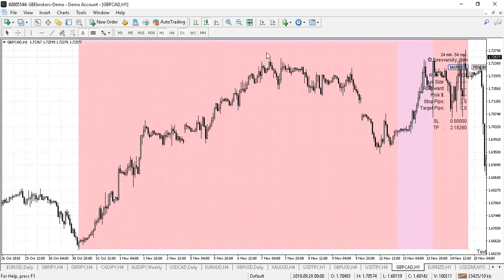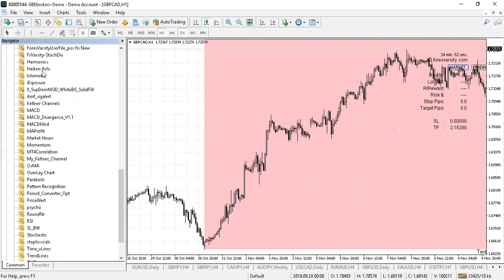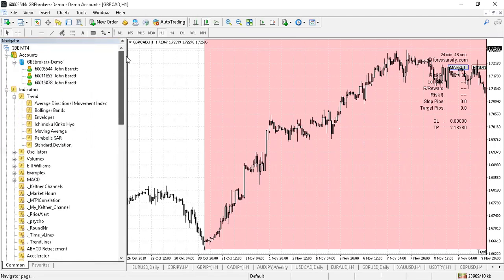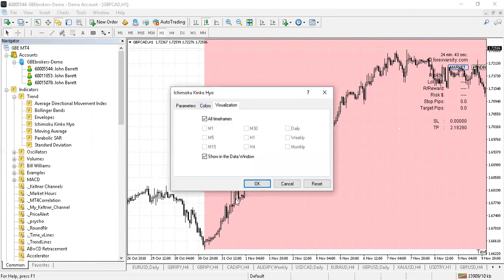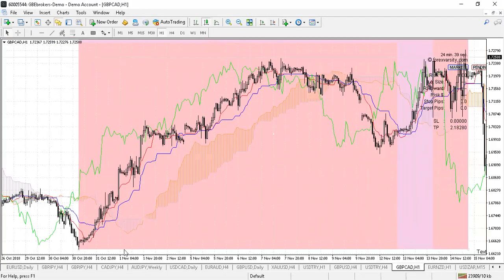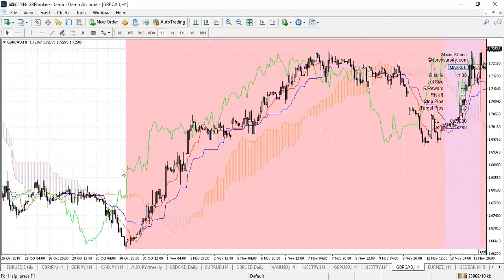Okay. And if we now apply the Ichimoku Kinko Hyo, now it gives us all these other lines that we briefly discussed last week.